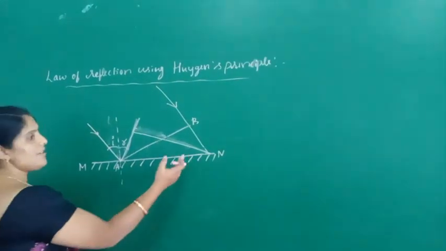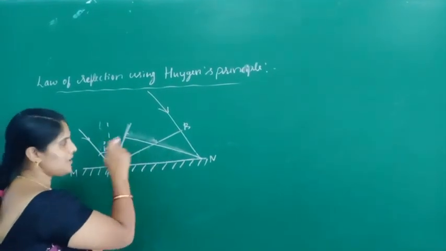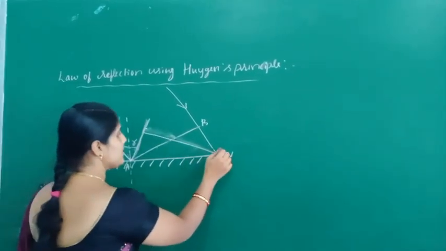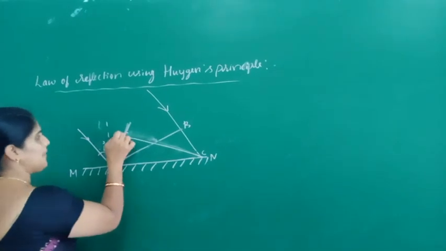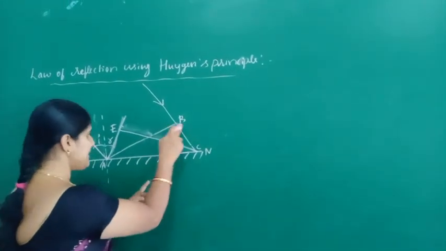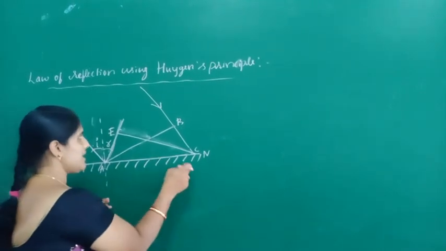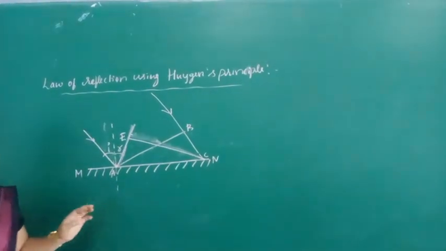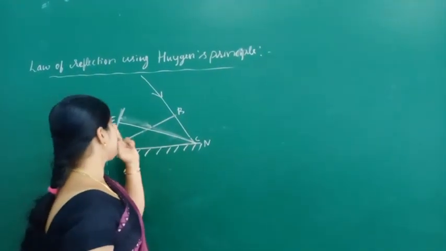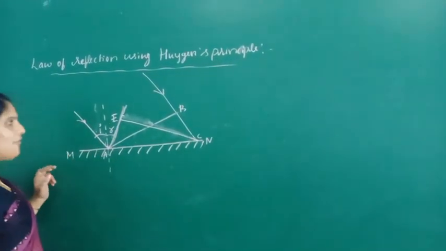That tangential surface forms the reflected wavefront. Let us call these points A, B, C and this one E. So here AB is the incident wavefront and CE is the reflected wavefront.